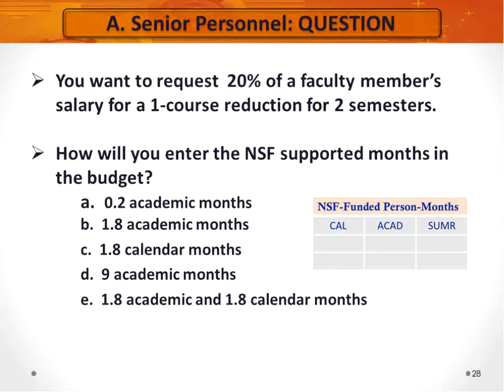So go ahead and put your answers using the button to choose A, B, C, or D. Okay, folks, just another couple of seconds. If you're not sure, make a guess.